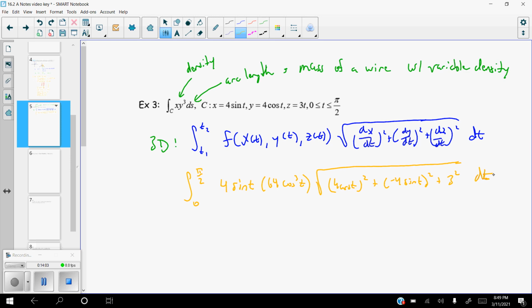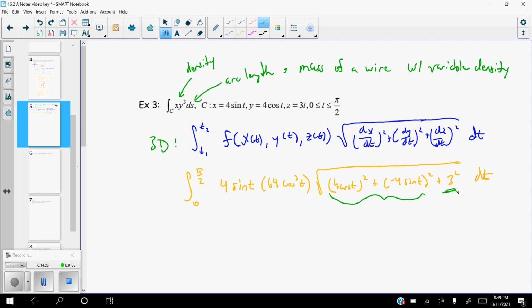I do know that when I square this, it's going to give me 16 cosine squared plus 16 sine squared. Well, that's just going to be 16, because if you factor the 16 out, you get 16 times cosine squared plus sine squared. So that gives me 16.